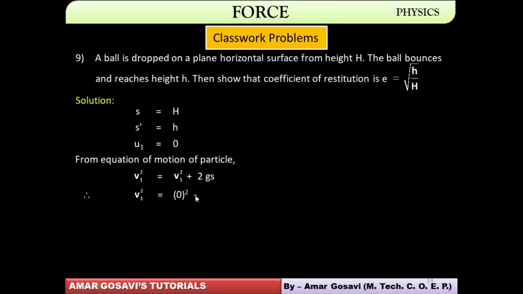Always negative, whether the object is moving up or down, acceleration due to gravity will be always considered negative. So 2 into G into S, in place of S capital H.